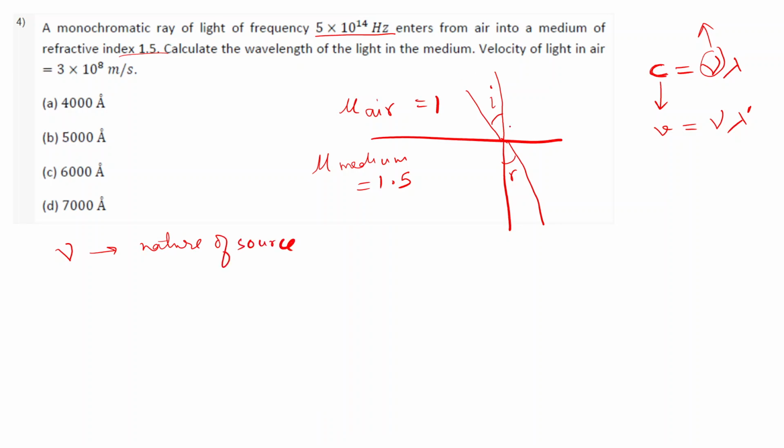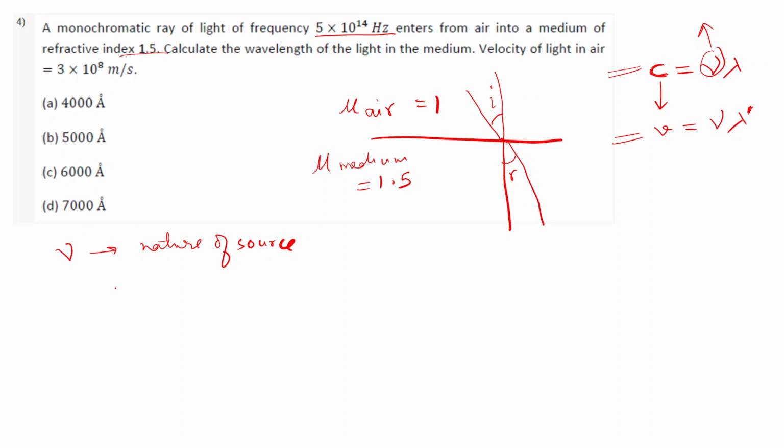So even if the medium is changing, the velocity of the light will change, and correspondingly one of these parameters has to change, but that parameter will be the wavelength. The frequency will remain the same for light traveling in air and in this other medium. So we have to calculate the wavelength of light in the medium. First we will calculate the velocity of light in this medium, and then the wavelength.